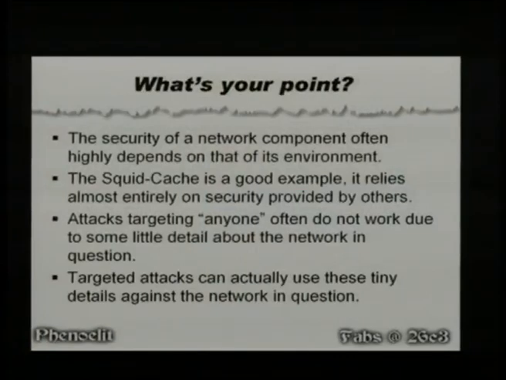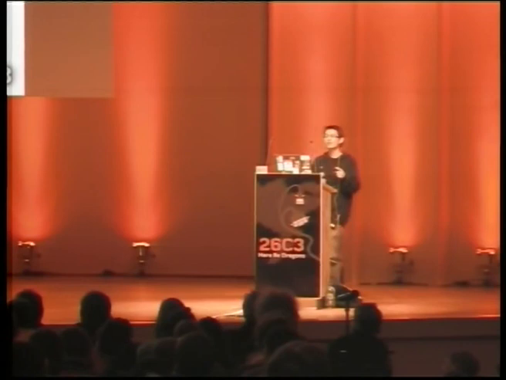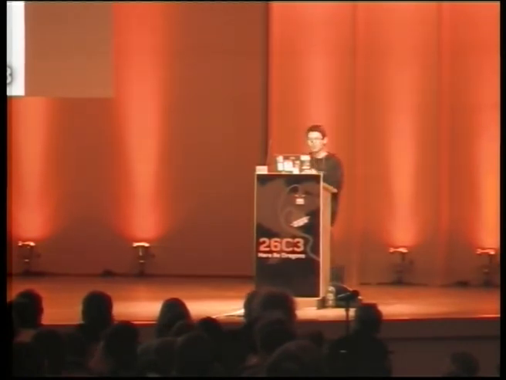When you do a generic attack and you're just targeting anything, your exploit often will not work because of some little detail of the network. But in a targeted attack, you can actually make use of this little detail in the network, and that's different.